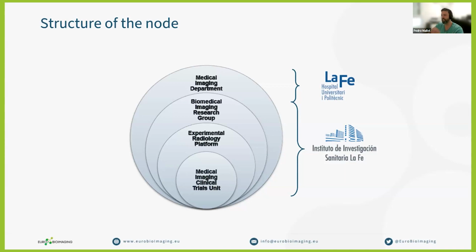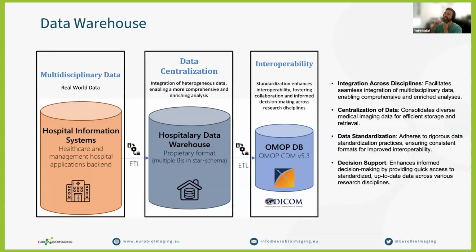Here, the fact is that we have in the hospital a research data warehouse. That is the key of this point, because we have all the data that has been gathered within the hospital on a daily practice basis. This is what we call real world data. Then we perform an ETL.